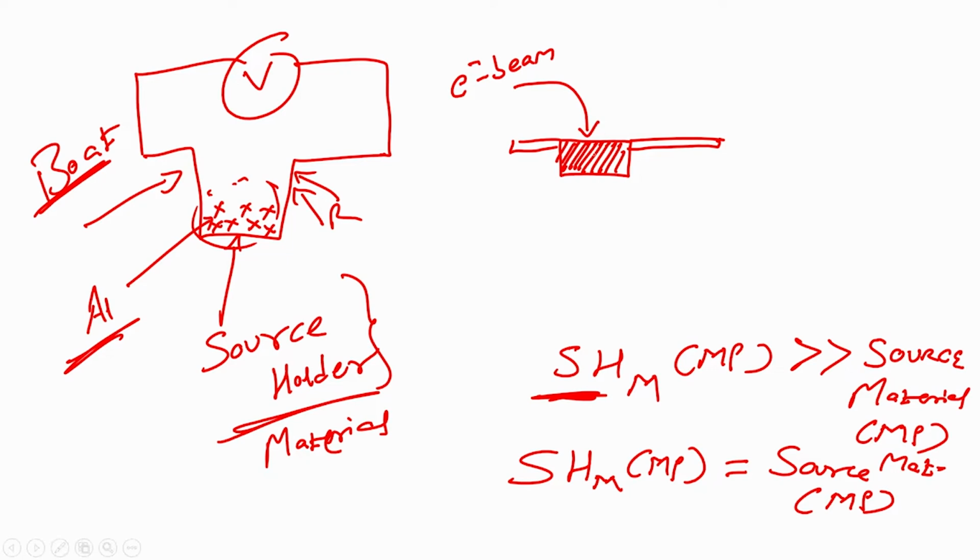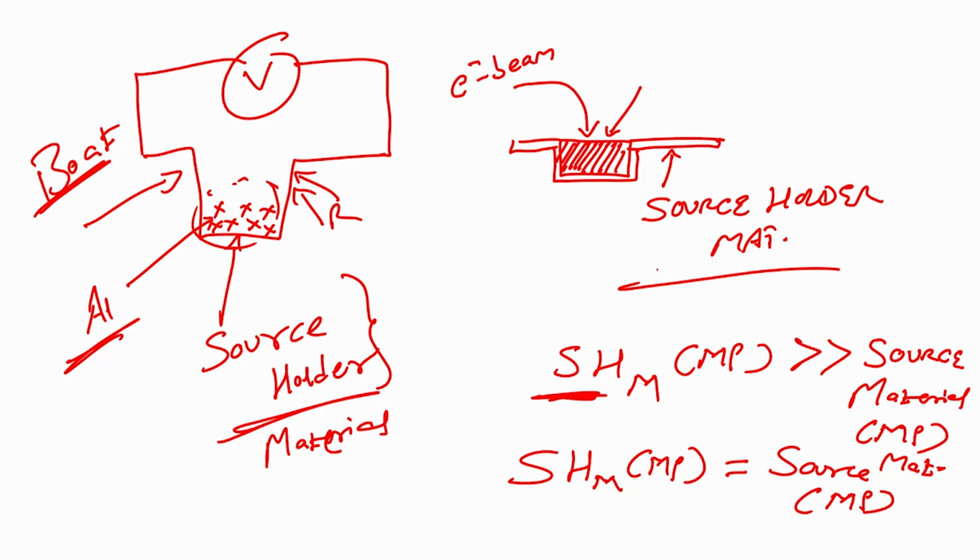We will use the electron beam as a point source to heat the source material and evaporate it. In this case, your source holder need not be conductive.